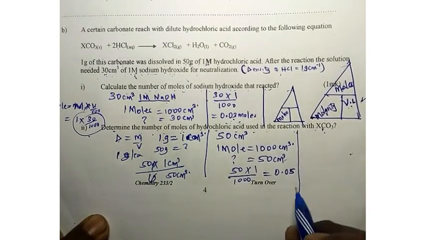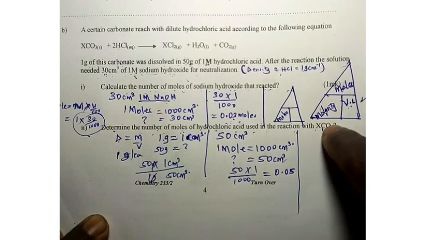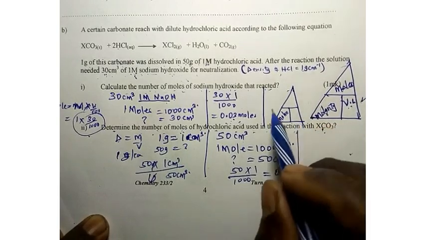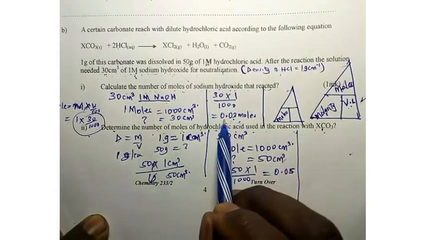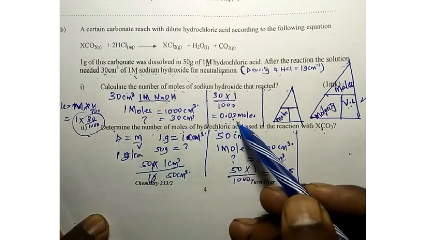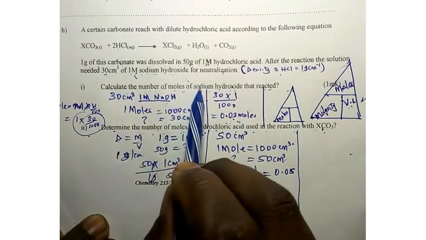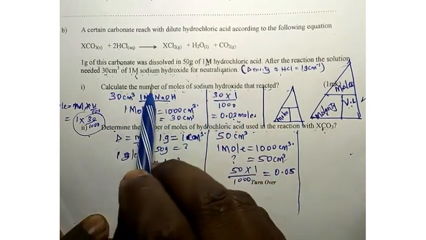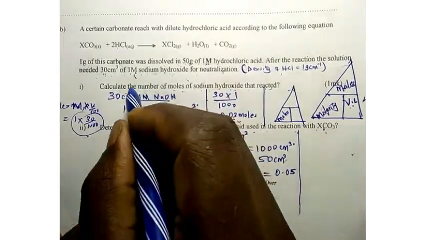Now we want to know the number of moles that reacted with the carbonate. Remember, the remaining HCl that was in excess, the number of moles is 0.03. Why? The ratio of sodium hydroxide and the HCl is 1 to 1. So you should know this.